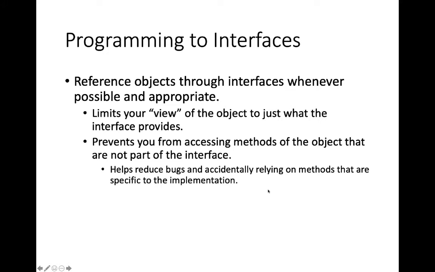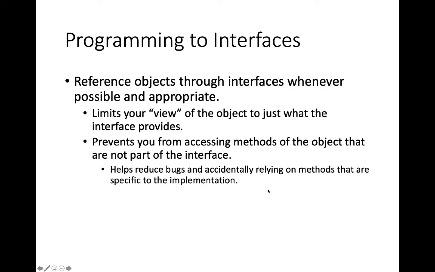So if we have a song which is a media, it might also have, in addition to the methods it needs to have in order to be a media object, other methods that are part of being a song object. But when I have a reference to that object through the type media, my view of that object is constrained to just what the interface says it has.